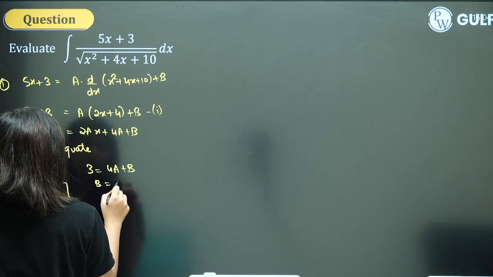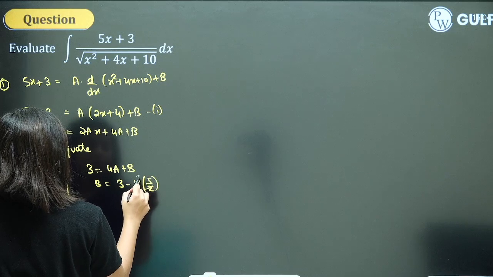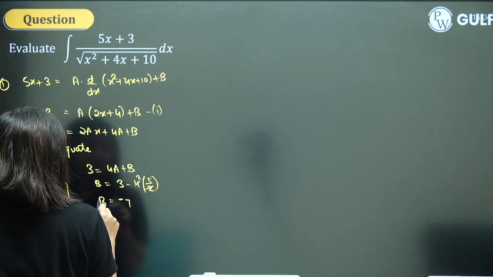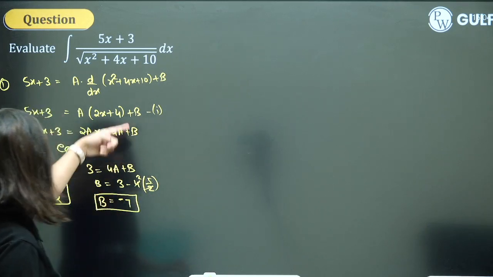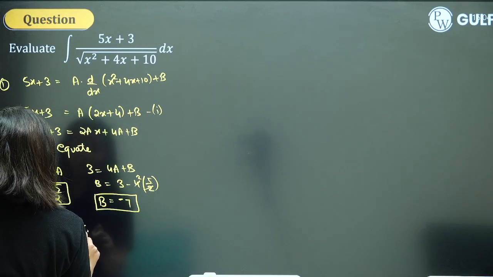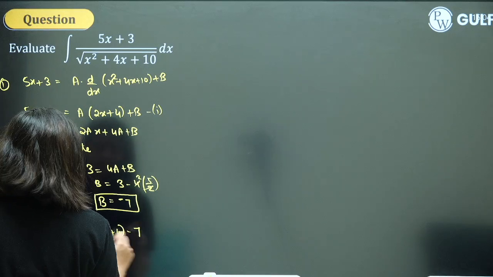b will be equal to 3 minus 4 into 5 by 2. 2 ones are 2, 2 fives are 10, so b is 3 minus 10, which is minus 7. Check a and b. Once you get a and b, you will substitute in 1. 5x plus 3 is equal to 5 by 2 times 2x plus 4 minus 7.